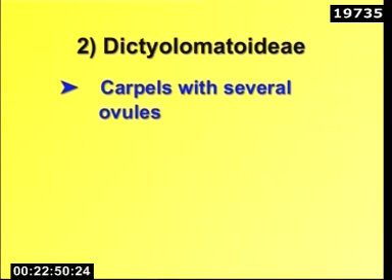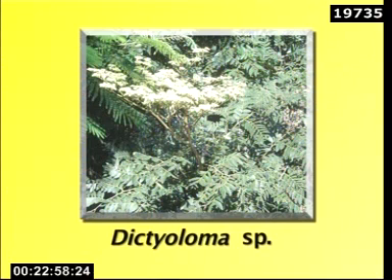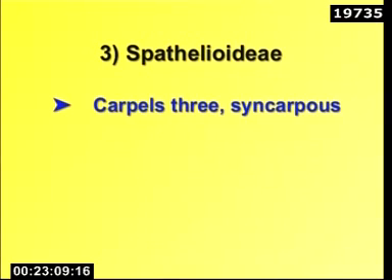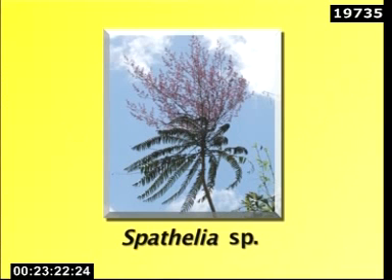Second subfamily is the Dictyolomatoideae, having carpels with several ovules and united at the base and having fruit with separating endocarp, as we can see in Dictyoloma. The third subfamily is the Spathelioideae, having 3 carpels which are syncarpous, each carpel with 2 pendulous ovules. Fruit in this subfamily is a drupe, which is winged, and is represented by Spathelia.